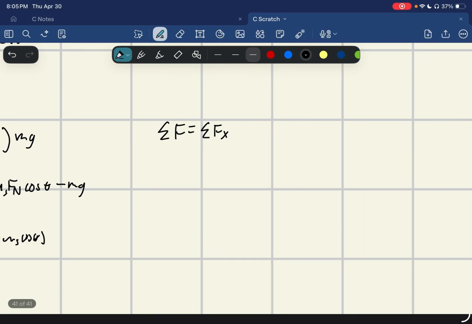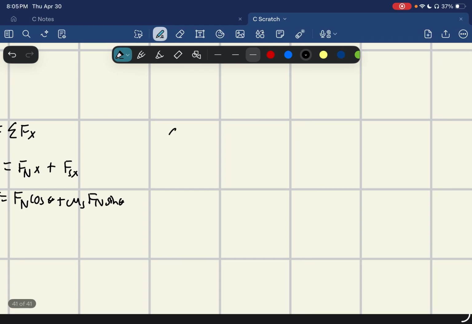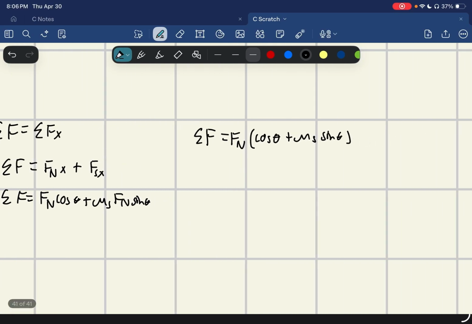So we know that the net force now is equal to Fnx plus Fsx, and that will expand into Fn cosine theta plus mu s Fn sine theta, and then once again factoring out Fn from it, so we got net force is equal to Fn times cosine theta plus mu s sine theta, and then we replace Fn with what we found earlier in this part.